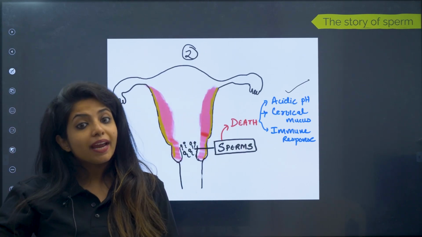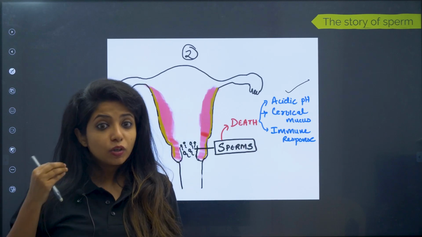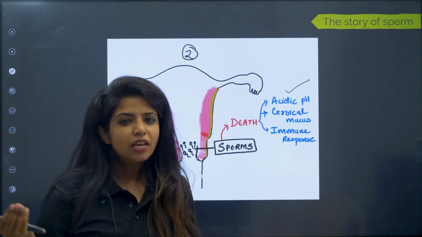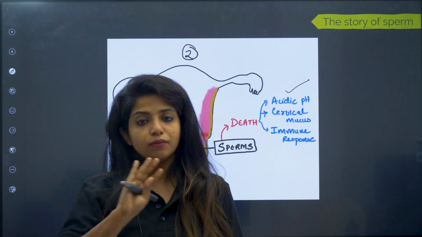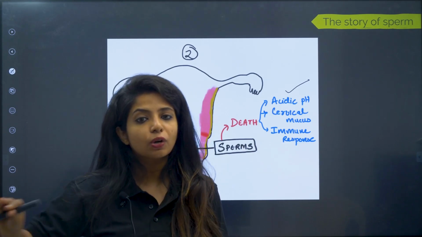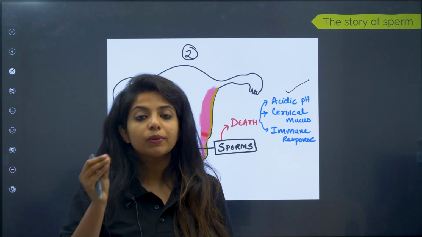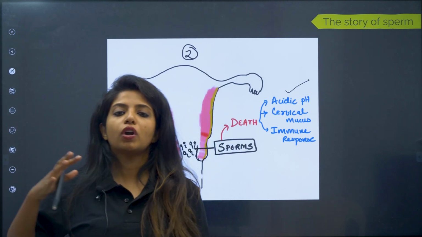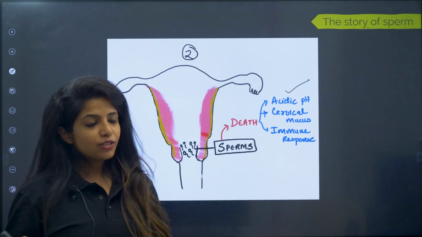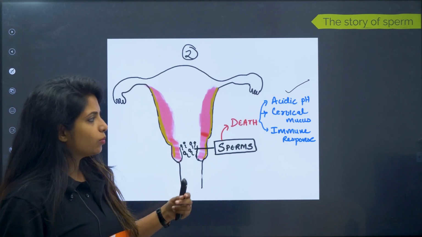Because there could be entry of pathogens, foreign invaders which could harm the female body. No one wants any sort of infection, which is why acidic pH is necessary, because at this pH most bacteria and organisms do not survive. So that is one thing, which is why poor sperm also die.